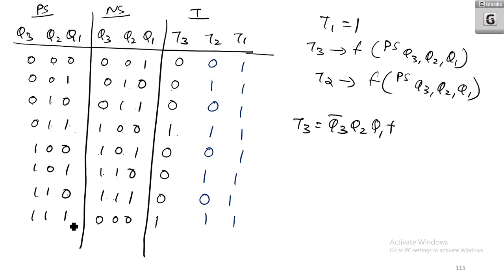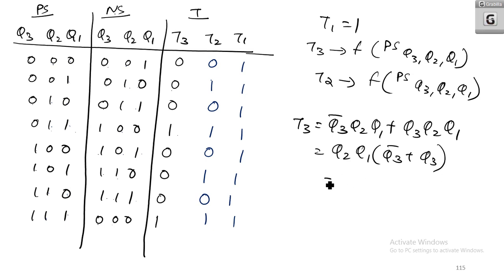Q3, Q2, Q1. So here which is common? Q2, Q1 is common. And Q3 bar or Q3, A bar or A, that is 1. So what is the value of T3? T3 is Q2, Q1. So I have derived the expression for T3. Now similarly I need to derive the expressions for T2.